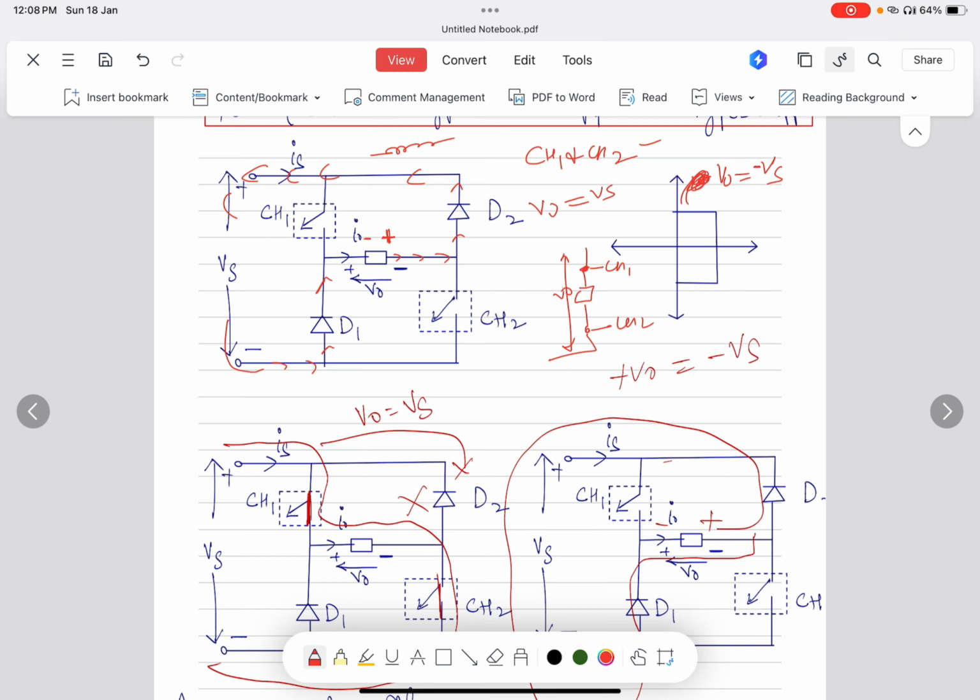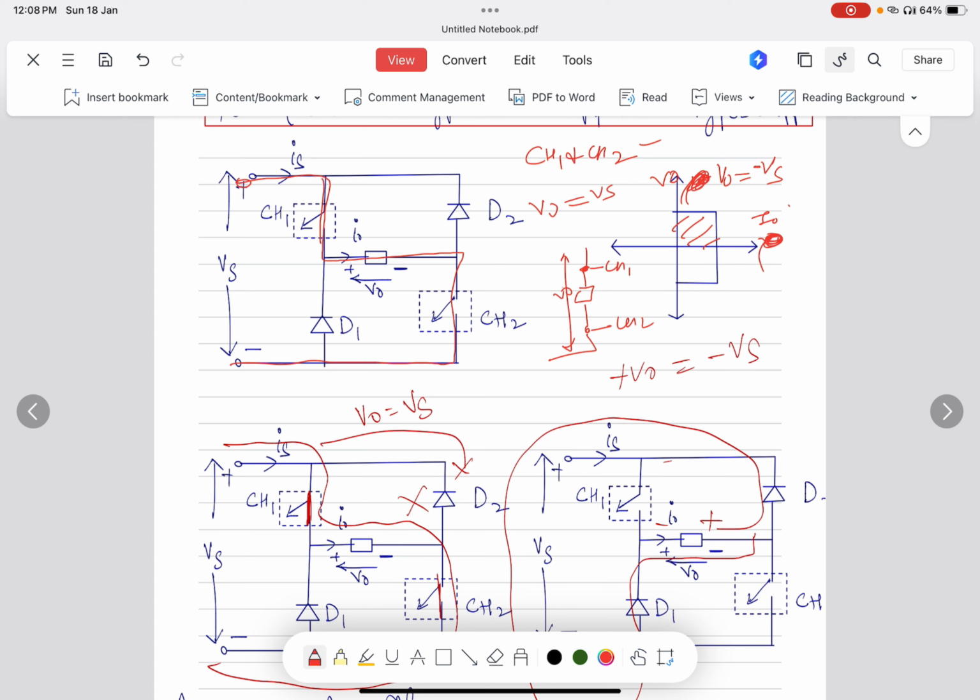As we can see, in the first case V naught and I naught, that is the output voltage and the load current, are both positive. You can see that in the first diagram we have made here. The current flows through this chopper, then through the load and the second chopper, then to the back path.